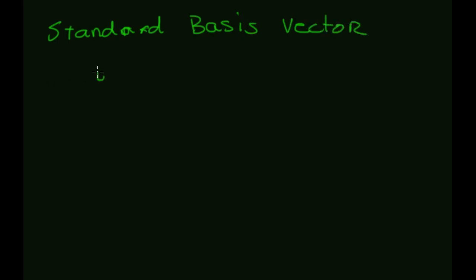Okay, in the two-dimensional world, we have two vectors that are kind of important. They are called standard basis vectors. And we give them particular letters. We call one i, and we call the other one j. The i vector is just the vector 1, 0.